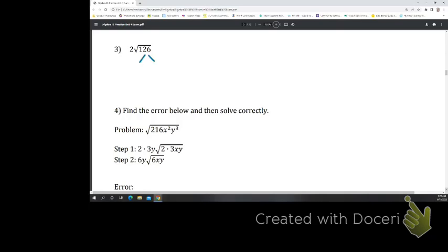So if I just start testing things, right, 9 is the largest one that goes in there. I don't have this memorized, friends. I don't have memorized that 9 times 14 is 126. I either break it down differently or I look at my perfect squares and just try dividing them in. Now that 2 that's on the outside is still there. When the 3 comes out from the 9, it can multiply with the 2. So then the final answer is 6 radical 14.